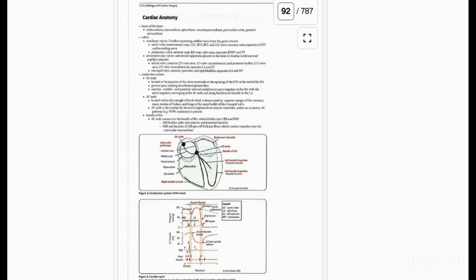From the SA node, the impulse travels across the right atrium via 3 internodal pathways: the anterior, middle, and posterior tracts. Concurrently, the impulse travels across to the left atrium along Bachmann's bundle.